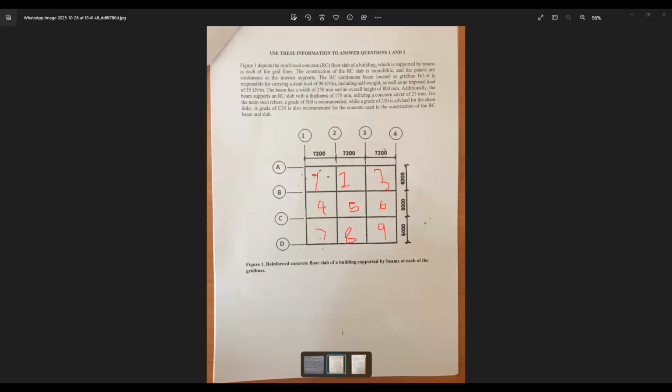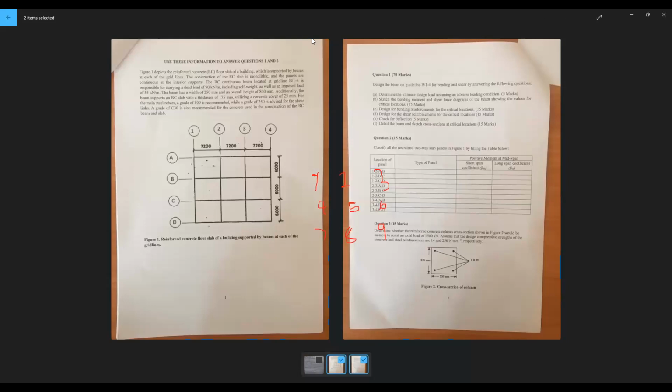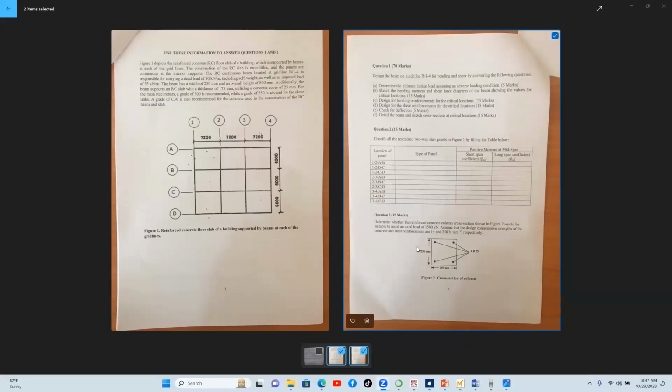Okay. So the question is asking us to classify these panels, and apart from the classification, we should also find the positive moment at midspan.